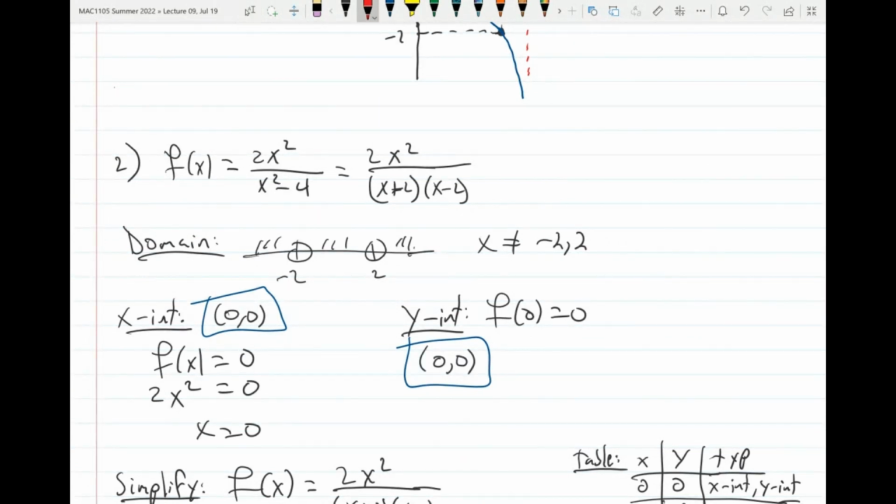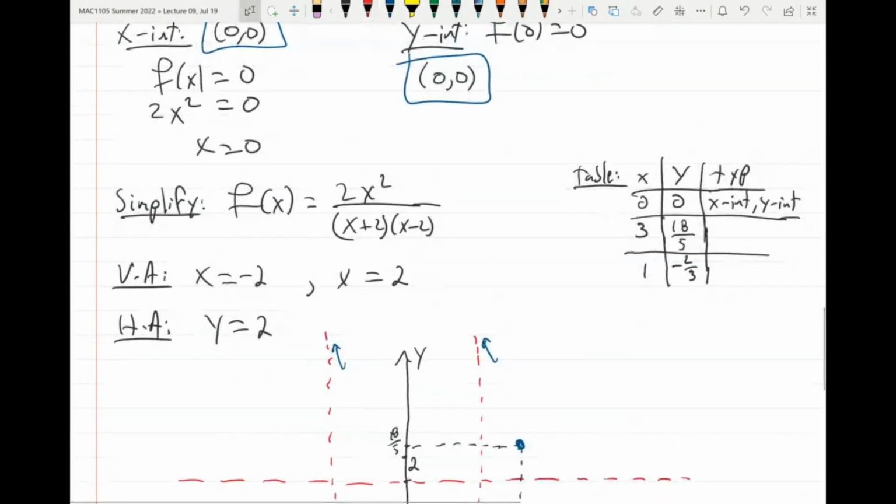So that's a very nice observation that this is an even function because f of -x equals f of x. So that means that we get a bunch of points for free. For example, since we know that 1, -2 over 3 is on the graph, then if I plug in -1, then I have to get -2 over 3 as well.